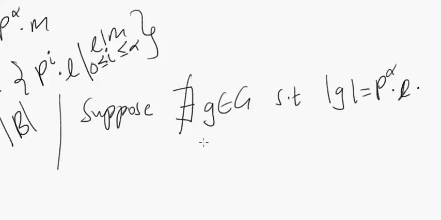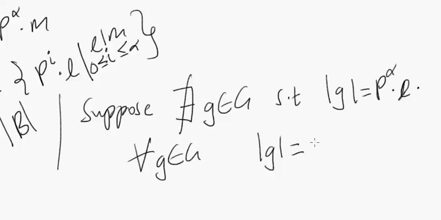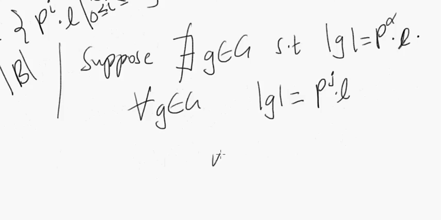Doesn't that mean that for all little g in G, the order of g equals p to the j times L, where j is strictly less than alpha and at least 0?